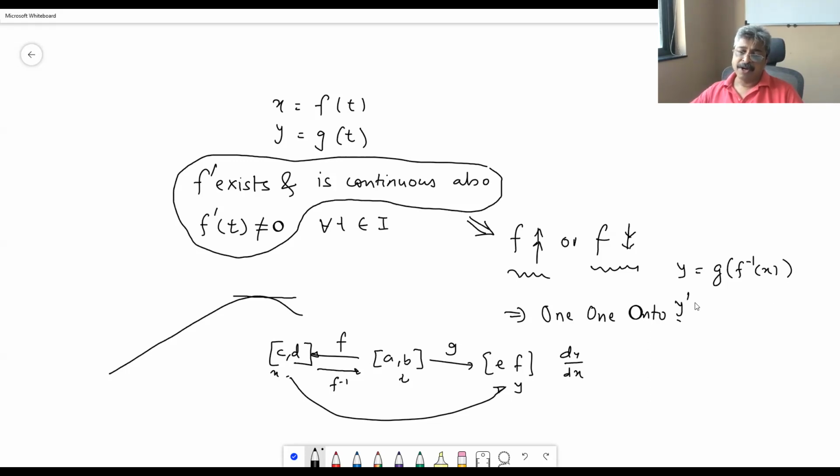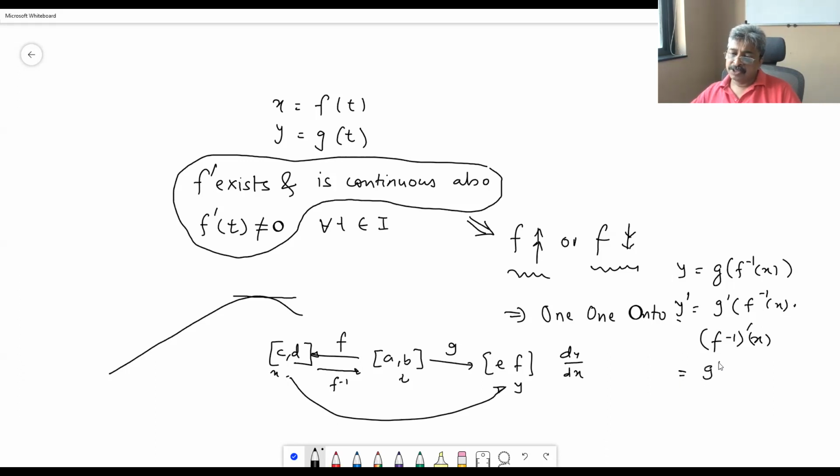So if we want to find y dash, it would become g dash of f inverse of x into f inverse dash of x, and f inverse of x is t.